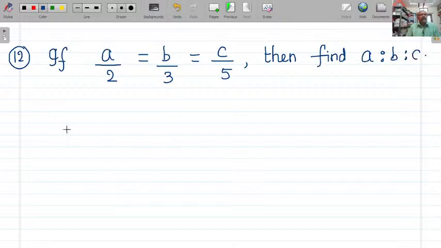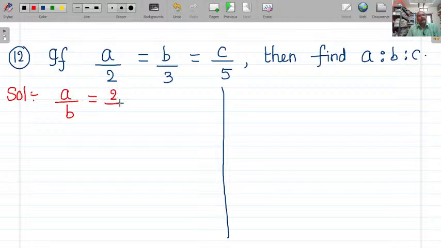So my dear students, how to solve this problem? Two methods I will explain. The first method: you can write a by b equals 2 by 3, that implies a is to b is equal to 2 is to 3. Am I correct?